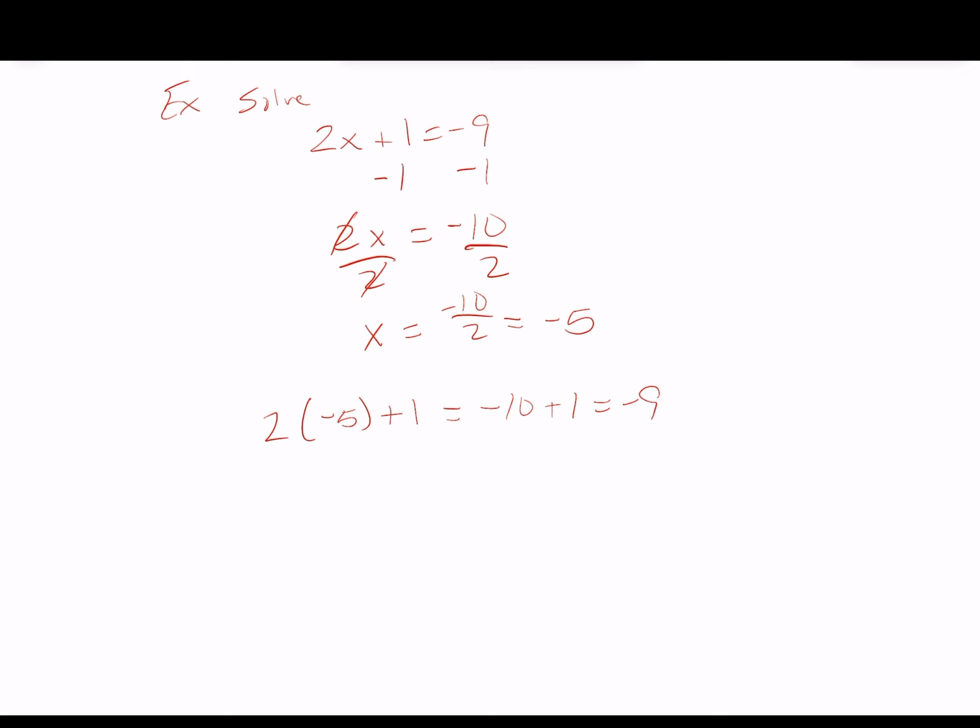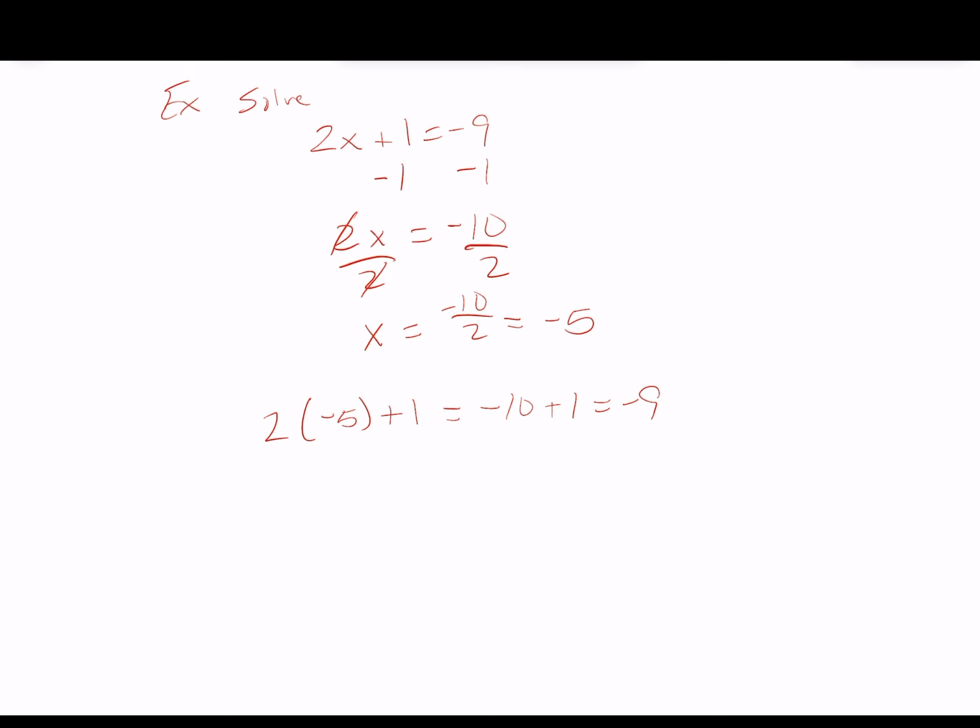Now notice in this case that we did the adding, subtracting, multiplying, and dividing that was necessary to isolate the variable. We didn't have to use the distributive property. We were able to isolate with just that one step, and then we divided by or multiplied by the reciprocal. So dividing by 2 is the same as multiplying by 1/2.